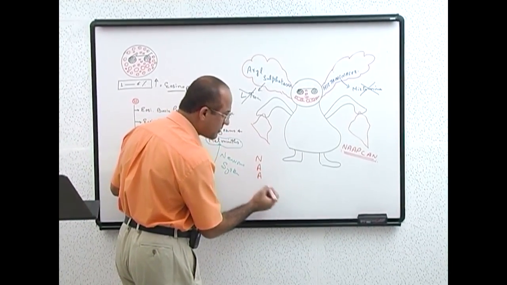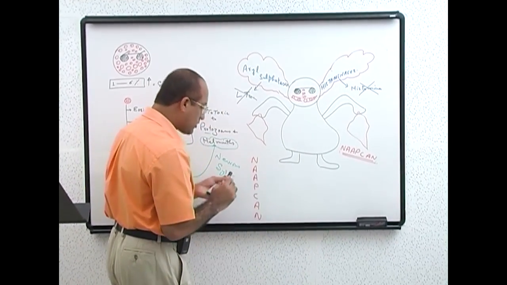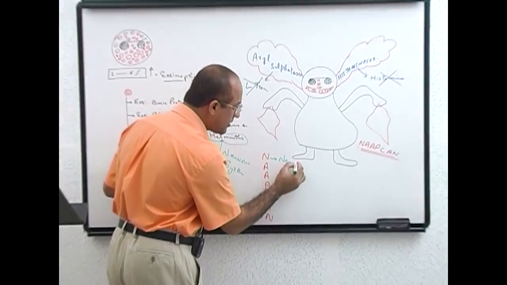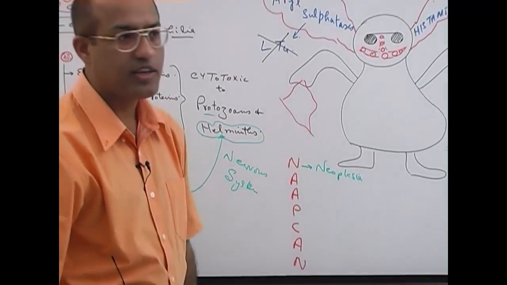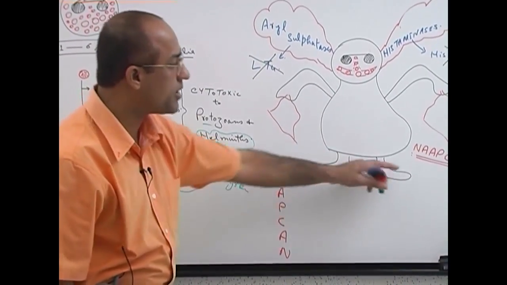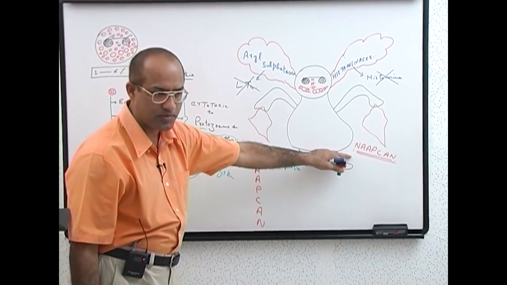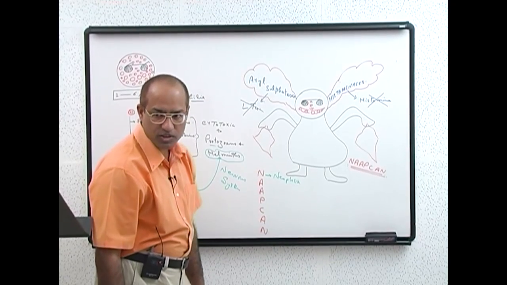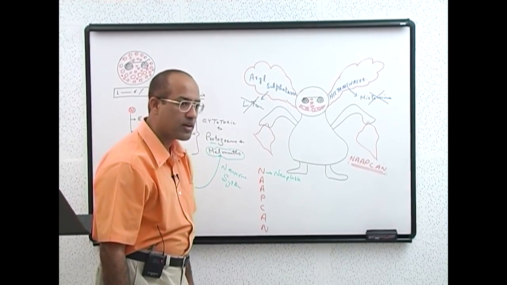N-A-A-P-C-A-N. Actually, N stands for neoplasia. In some neoplasias, the concentration of eosinophils in the blood increases. The napkin should remind you of the pathological circumstances in which eosinophilia is produced, in which the eosinophil level goes up in your body.